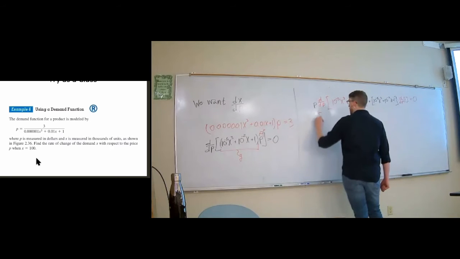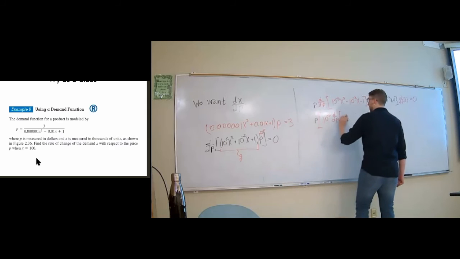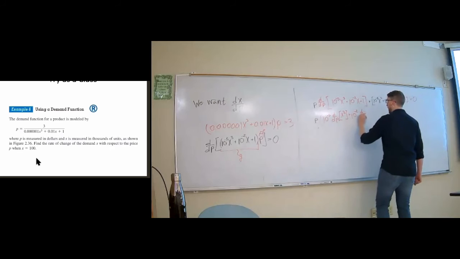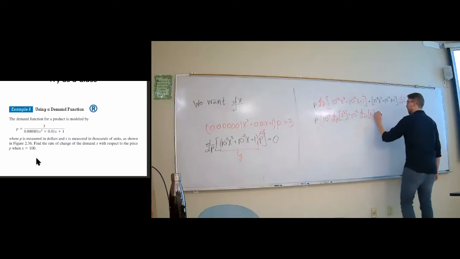So this is going to be p times, my mistake, 10 to the negative fifth, d/dx d/dp of x cubed, plus 10 to the negative second d/dp of x, plus d/dp of 1, which is 0.